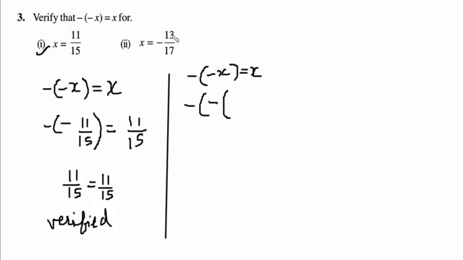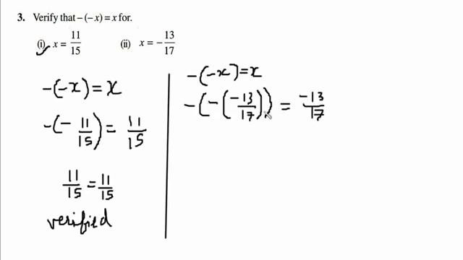The value of x is negative of 13 over 17. So negative of negative 13 over 17. This bracket closing. Now this bracket closing. What is the value of x? It should come equal to minus 13 over 17.